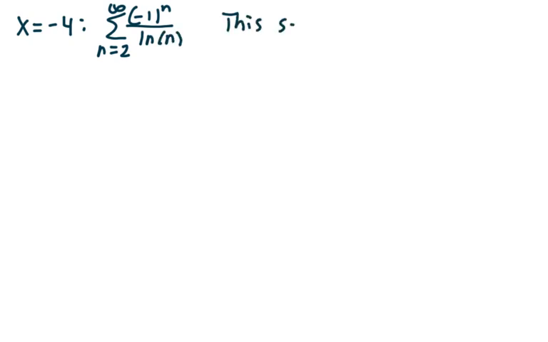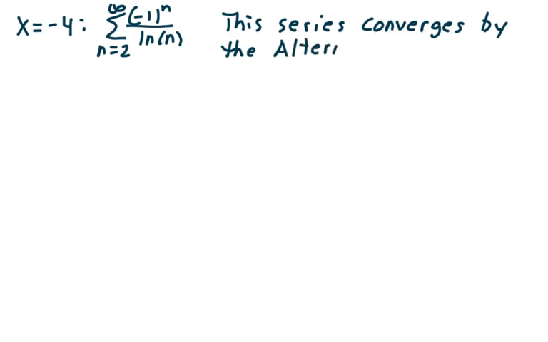Now, for x equals negative 4, right, we get the summation from n equals 2 to infinity of (-1)^n divided by natural log of n. And this series converges by the alternating series test.